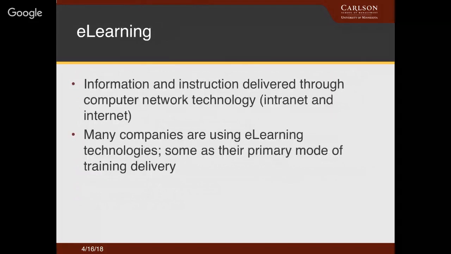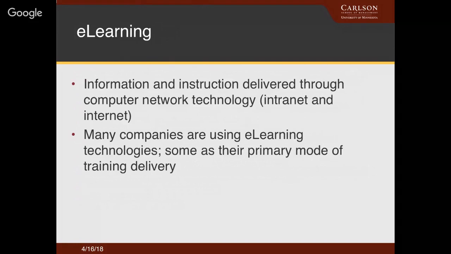Then we could talk about, the next slide deals with the concept of e-learning, which is very rapidly growing. We're definitely seeing more companies are using e-learning technologies, and some as their primary mode of training delivery. Obviously, in the college or university setting, you're being exposed to more e-learning courses, online courses, and that kind of thing.